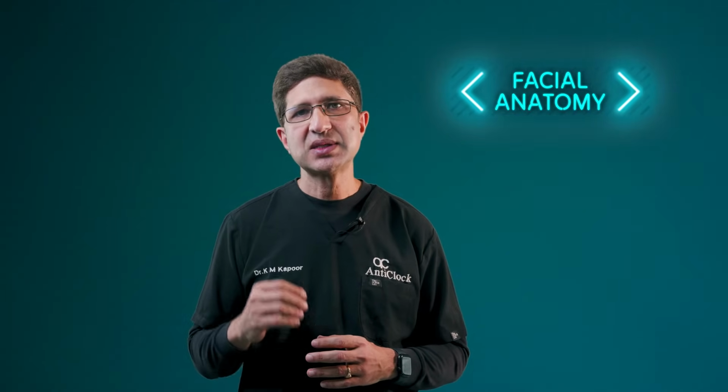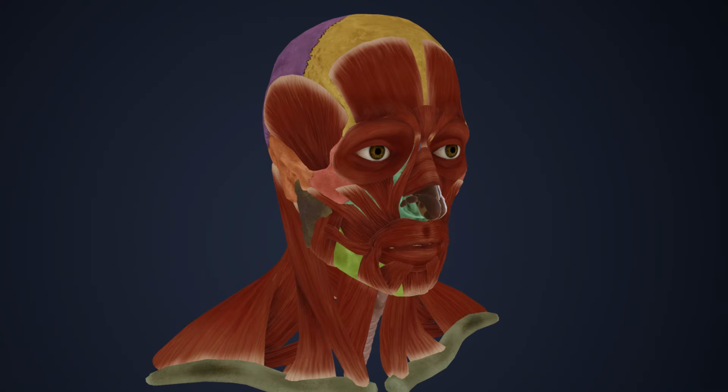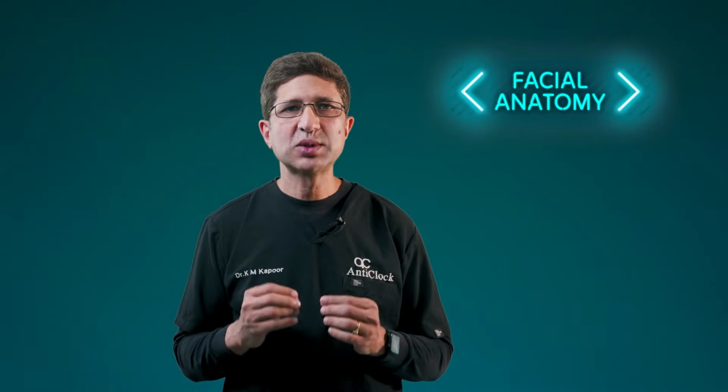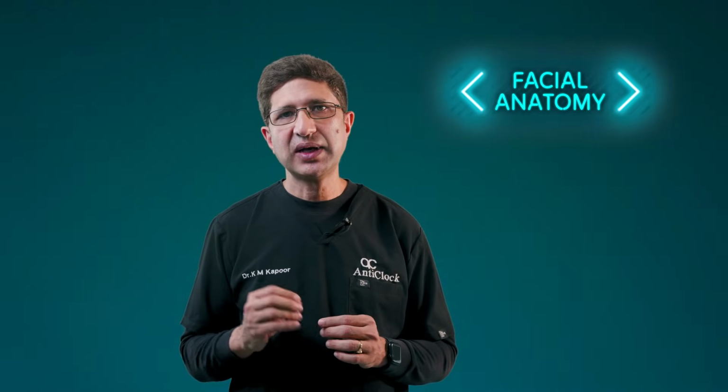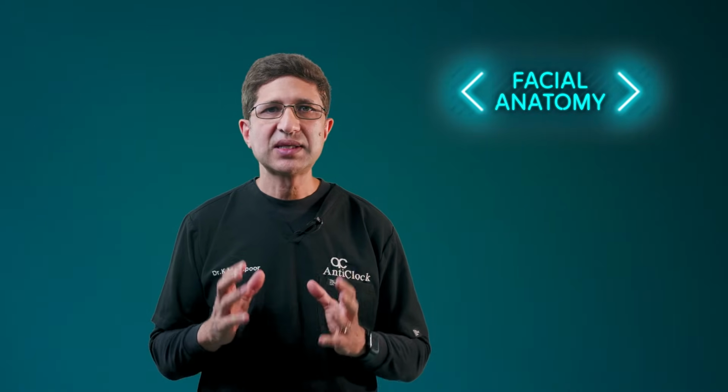Facial anatomy is incredibly intricate and dynamic. It encompasses several key elements including the skin, muscles, fat pads, nerves, blood vessels and bones. These structures not only define the appearance of the face but also guide our treatment strategies when it comes to injections. The skin on your face is the outermost layer, followed by several important underlying structures.